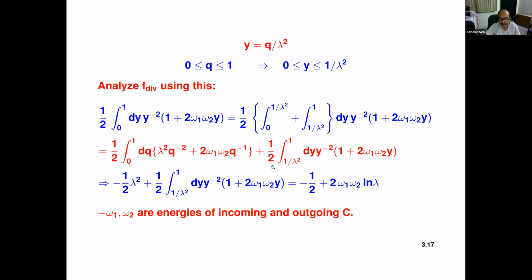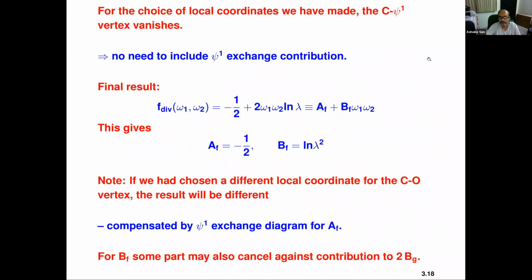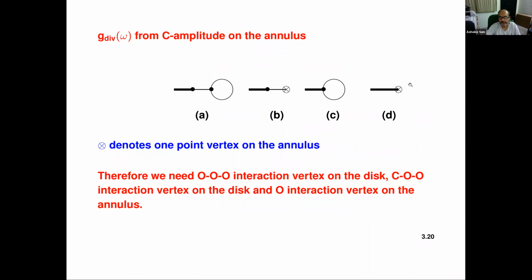This part is perfectly non-singular, but you need the information about the range, right? And that came from this. The fact that q between 0 and 1 maps to y between 0 and 1 plus 0 and 1 over lambda square means that the rest of the range is a contact interaction. So this is what we have to do. Are there questions?